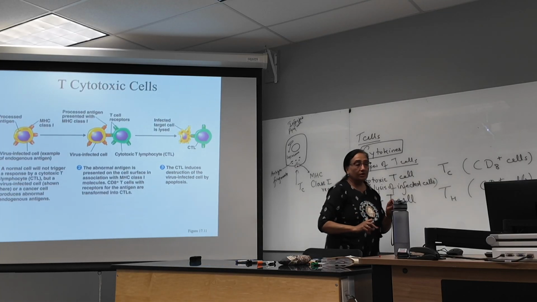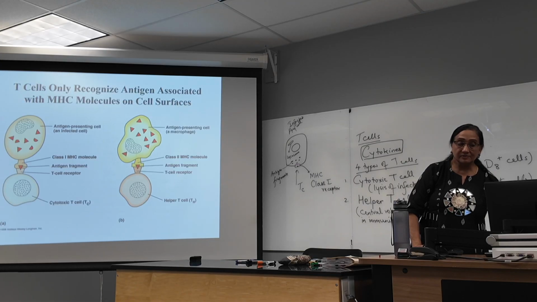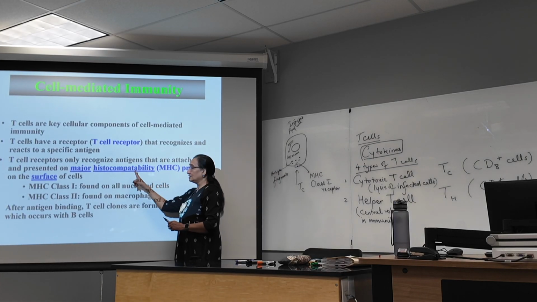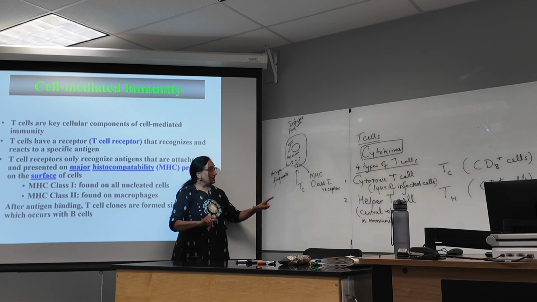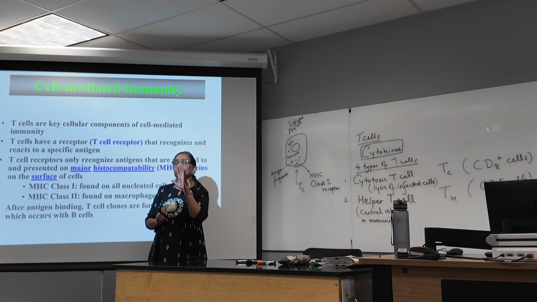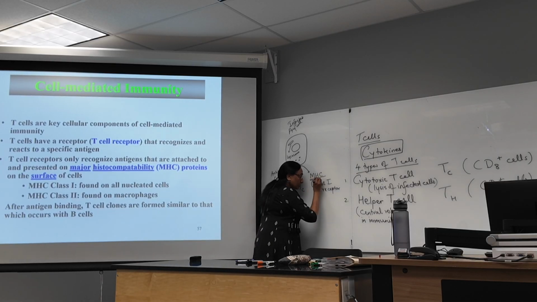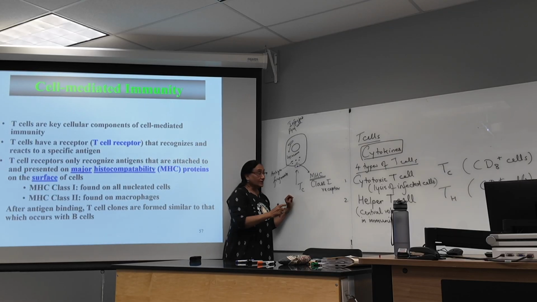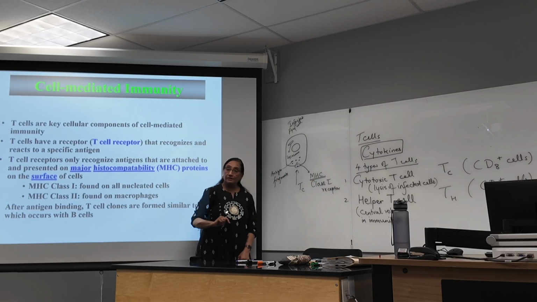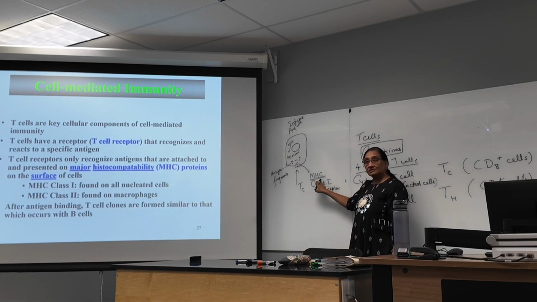MHC stands for major histocompatibility, a major histocompatibility protein. MHC1 is found on all cells. All cells in your body have this. You might wonder why I'm talking to you about all these details, but in a brief while, I'll tell you the importance of this. Knowing about this is important.